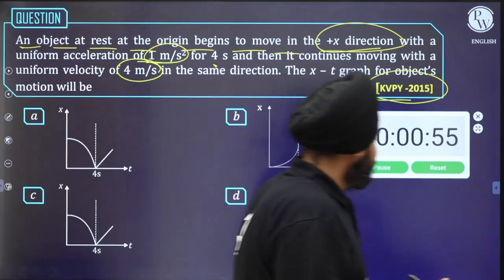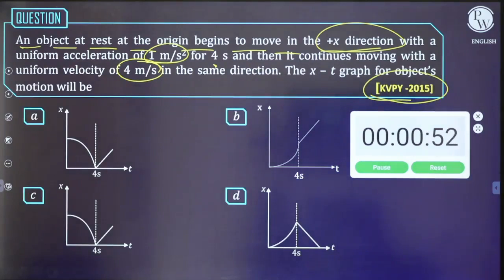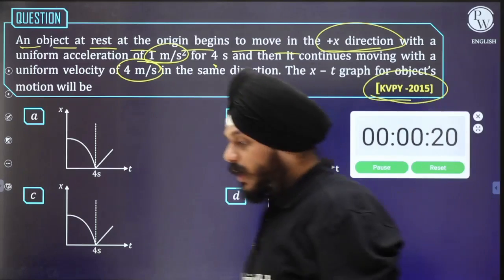Come on, everyone. Okay, less than 20 seconds remaining.